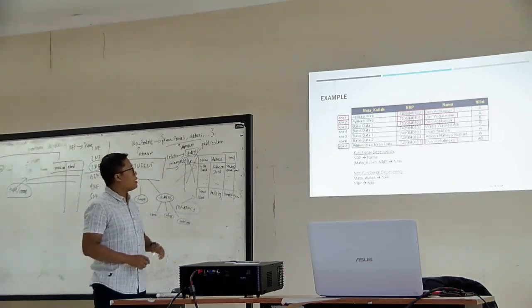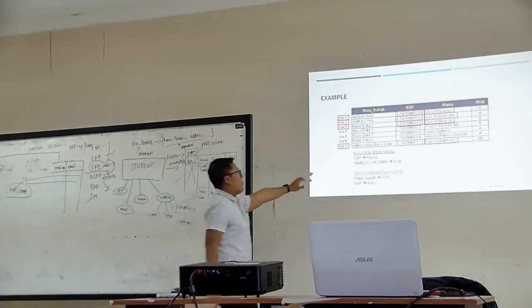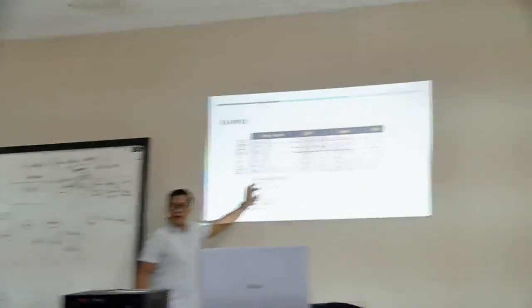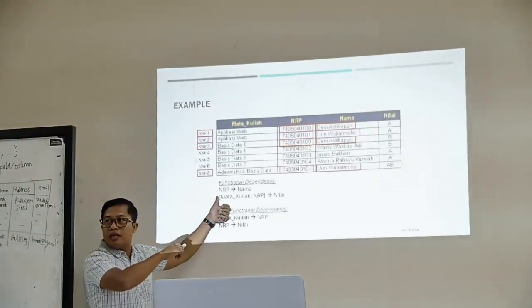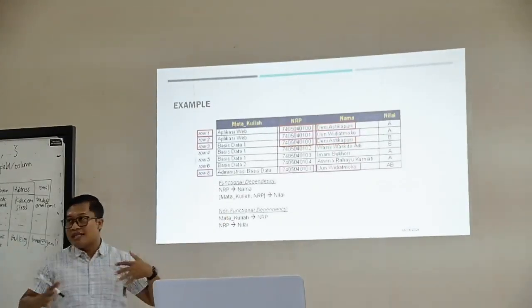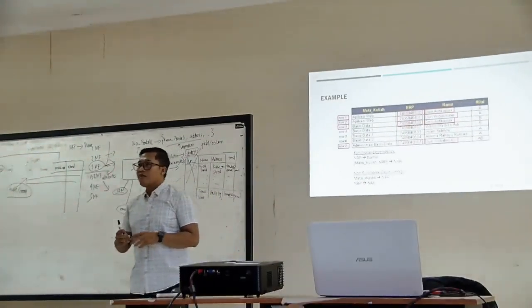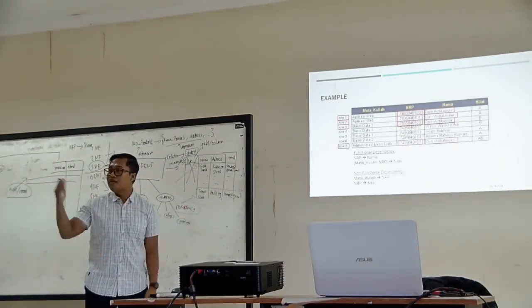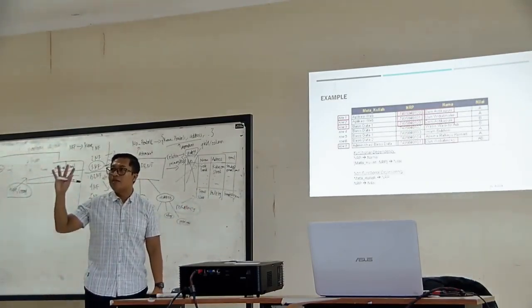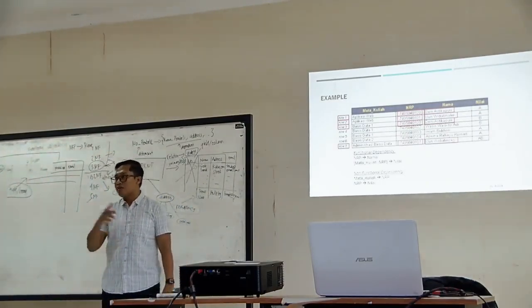Okay, we need to find the functional dependency. This is the functional dependency. This is how to write it based on the example. I hope you understand. If you are confused or still don't understand my explanation, you can interrupt me, raise your hand, and ask your question.